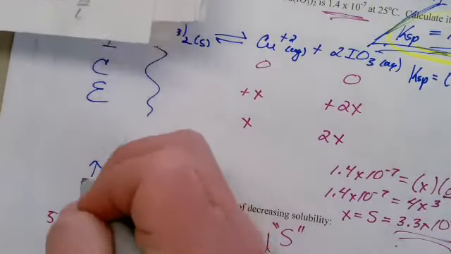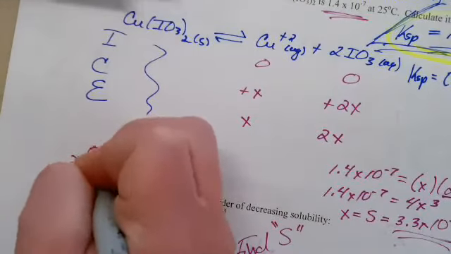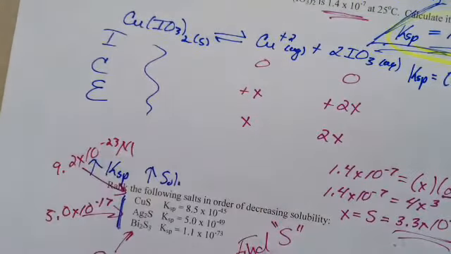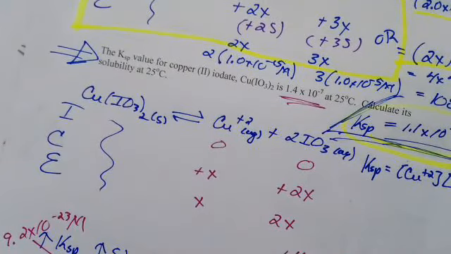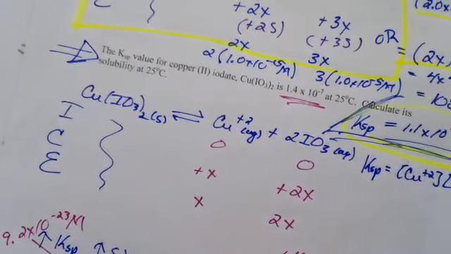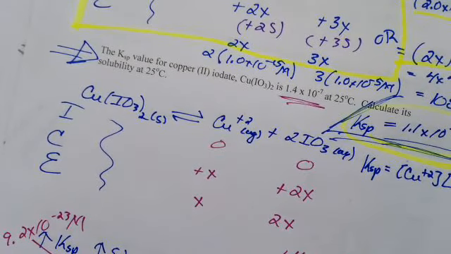I just solved for X. And then the copper 2 sulfide is 9.2 times 10 to the negative 23rd. So we can't judge. If they don't have the same number of ions, we would actually have to find our X value, or S or X. I know it sounds like I'm saying the same word or same letter.